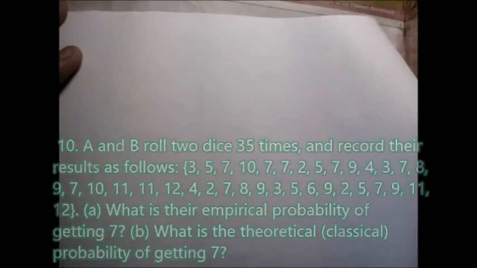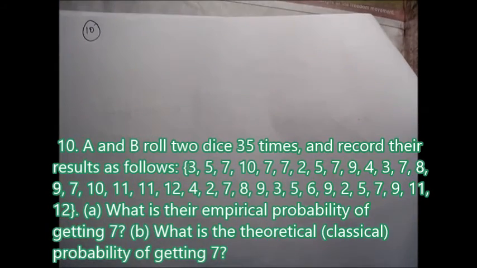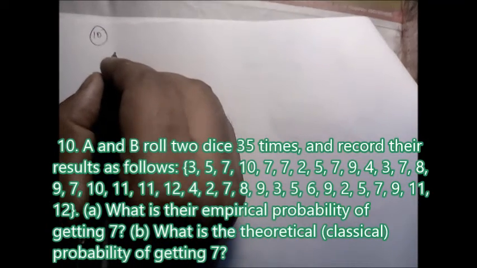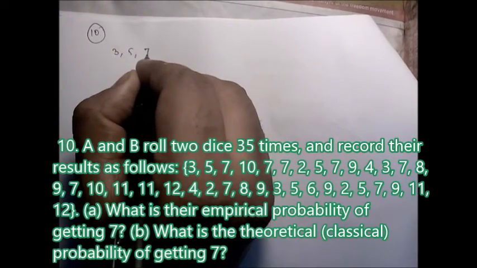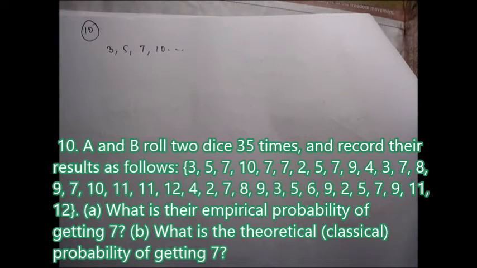Problem number 10. A and B roll 2 dice 35 times and record their results as follows: 3, 5, 7, 10, 7, 7, 2, 5, 7, 9, 4, 3, 7, 8, 9, 7, 10, 11, 11, 12, 4, 2, 7, 8, 9, 3, 5, 6, 9, 2, 5, 7, 9, 11, 12.